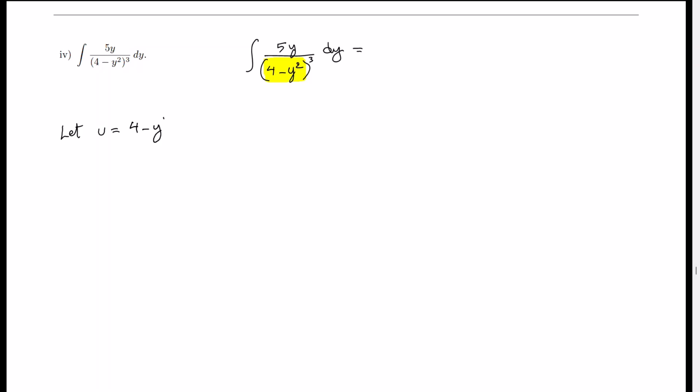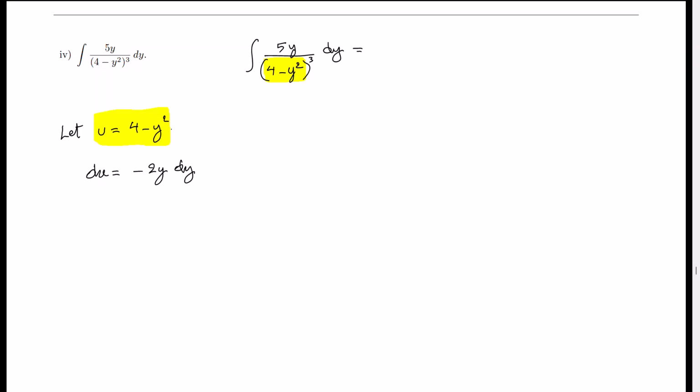So 4 minus y squared, we're going to agree to call it by a new name. We're saying, let's pretend like every time we see 4 minus y squared, that's the letter u. So how do we know if this is correct or not? We look for the derivative of 4 minus y squared, which will be negative 2y. And obviously, I need to write the dy on the other side, because this is technically du over dy, but we don't want that here.